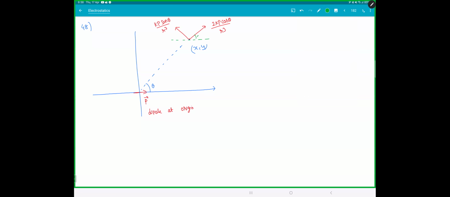If that is theta, this will be theta, and this will be 90 minus theta. So you're saying, yeah, tan theta will be plus or minus root 2. There is no horizontal component, meaning horizontal components will cancel out since E bar is along y-axis. Horizontal components cancel out.